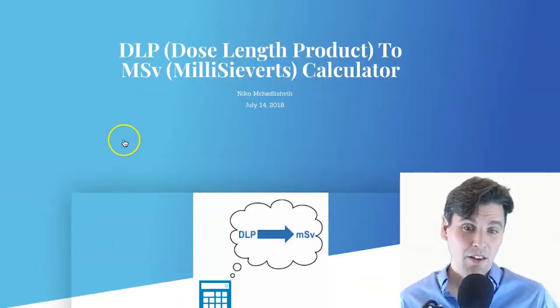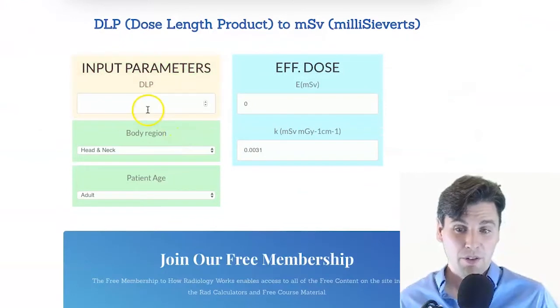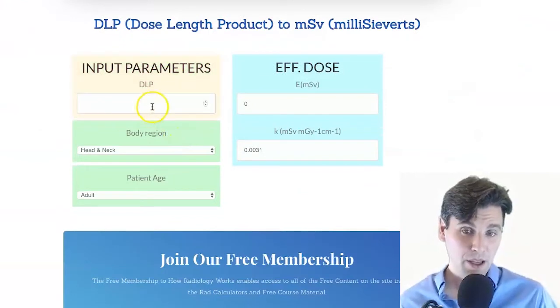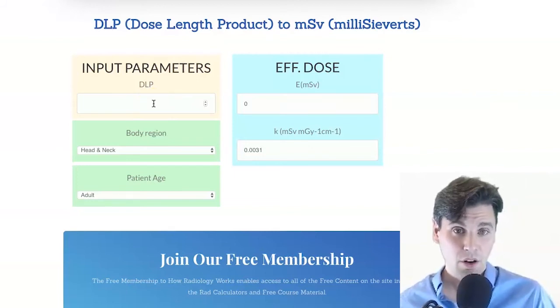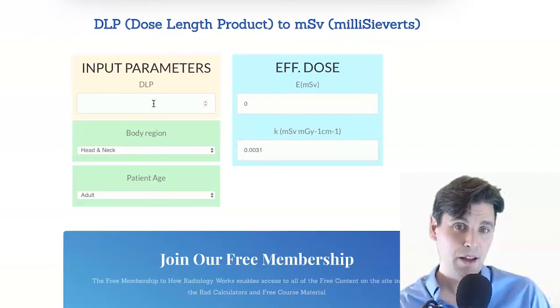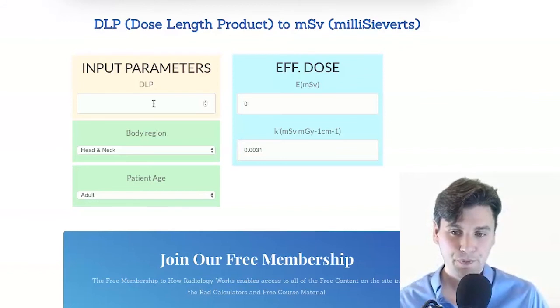And then DLP to millisieverts. Again, simple interface here where we enter the DLP. Again, the units of DLP, milligray centimeters. So that's typically going to be output by the scanner directly. Scanner will typically tell you what the CTDI is and then also what the DLP is for a given exam.